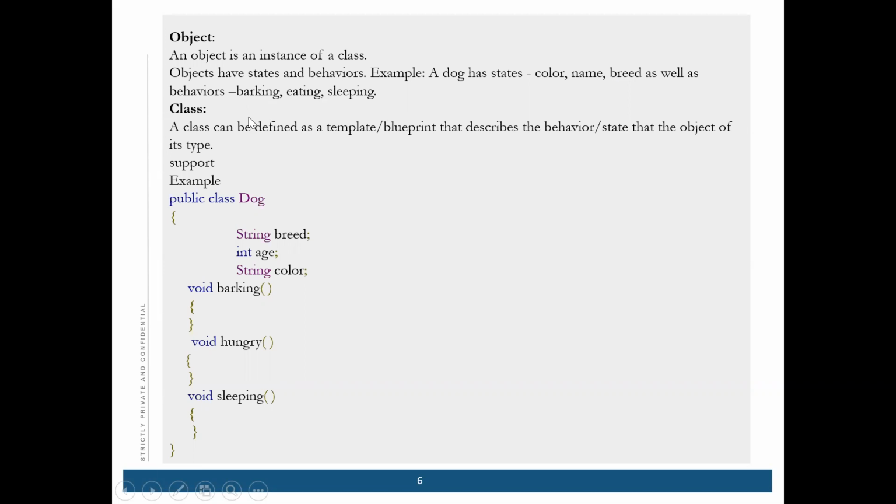Similarly, what is a class? A class is defined as a template or a blueprint that describes the behavior and the state of the object. Like what type of breed the dog is, what age it is. The dog is an object, and all these come under classes. Slowly, you will understand.